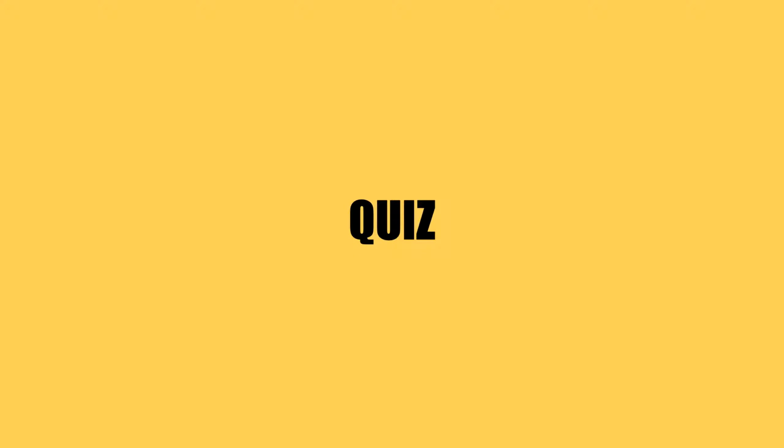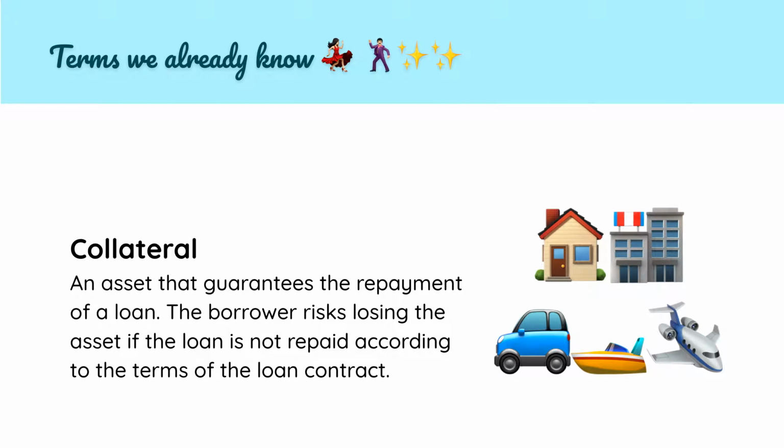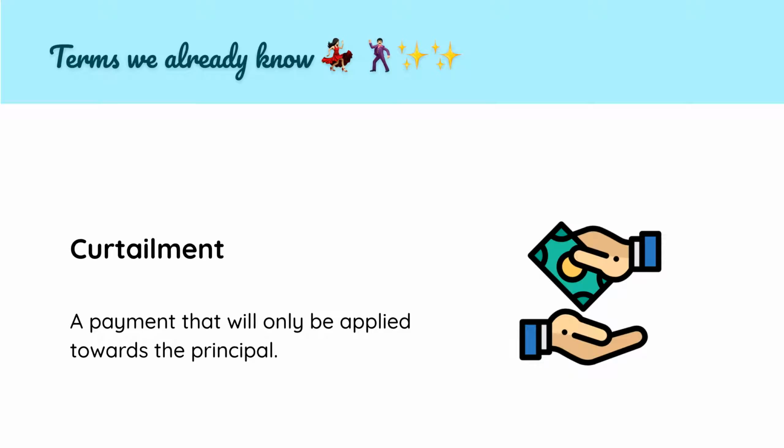Let's review some of the terms we've talked about. Now let's continue with some loan terms that we already know, like collateral, which, well, I think we already know what it is.